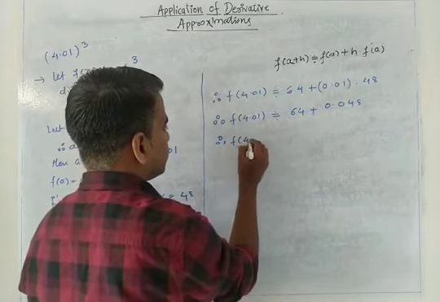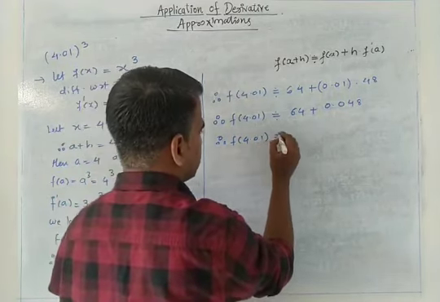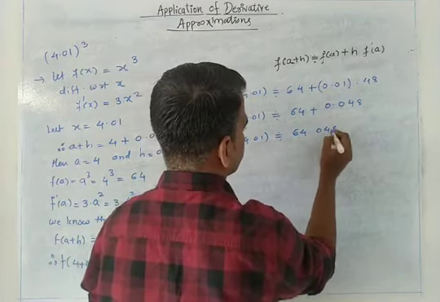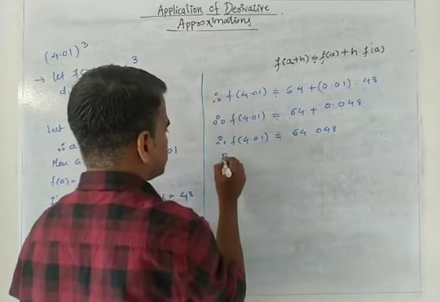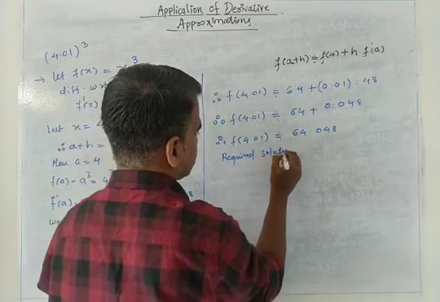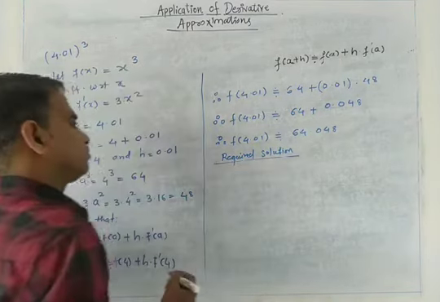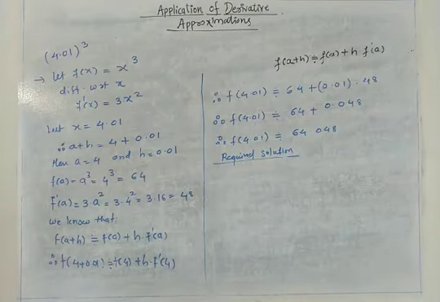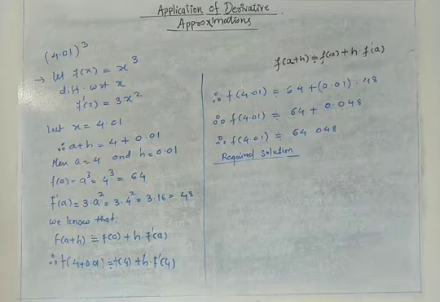We will get the value of f of 4.01 approximately equal to 64.048, and which is the required solution. You get it? It is a simple one. So there is no problem with the power. Always we are facing a problem with root. But if we check the root example properly, then there is no problematic case.